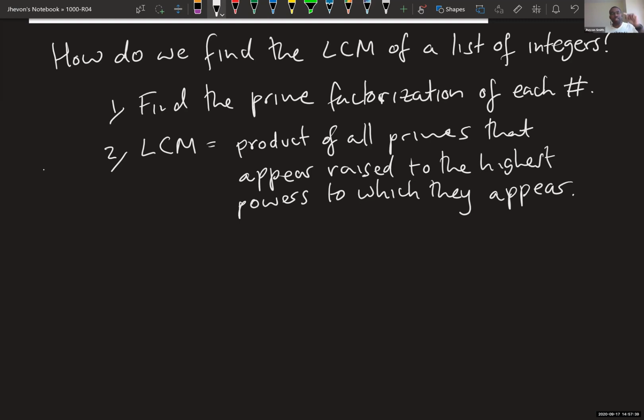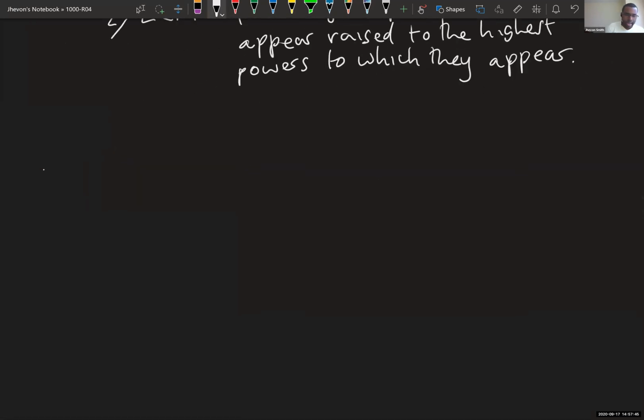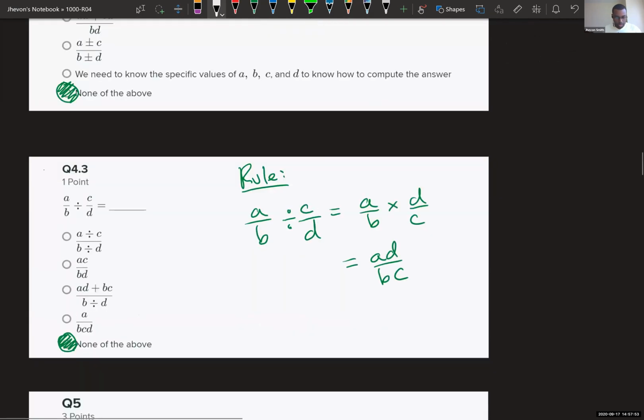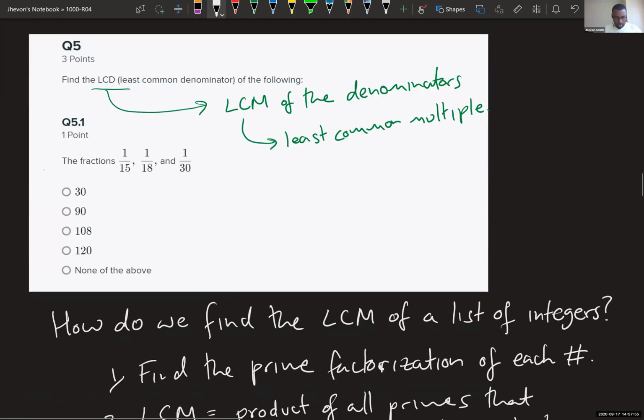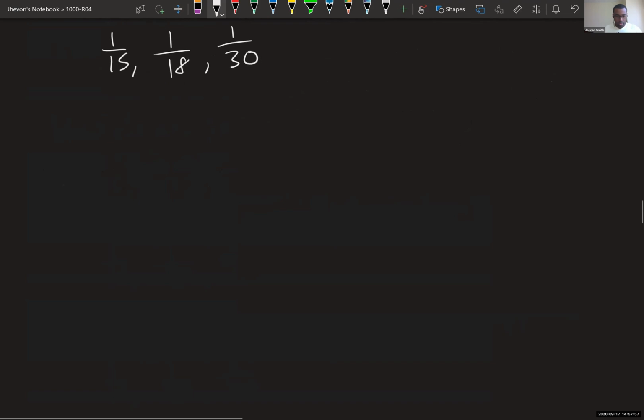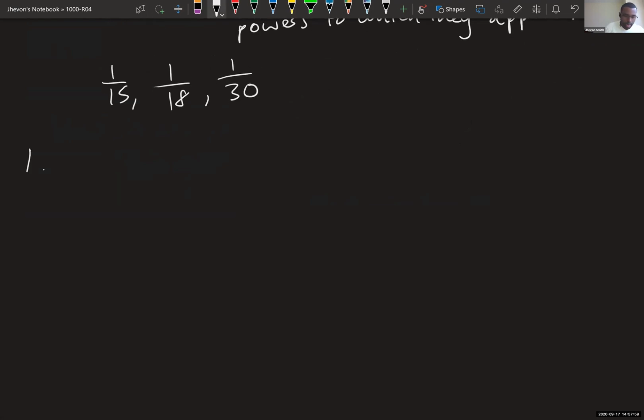Well, the LCD is just doing this for the denominators that you see. If I have 1 over 15, 1 over 18, 1 over 30, I believe those were the numbers. Now the LCD is just equal to the LCM of 15, 18, 30.